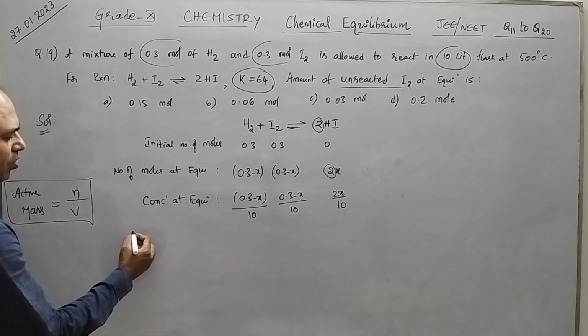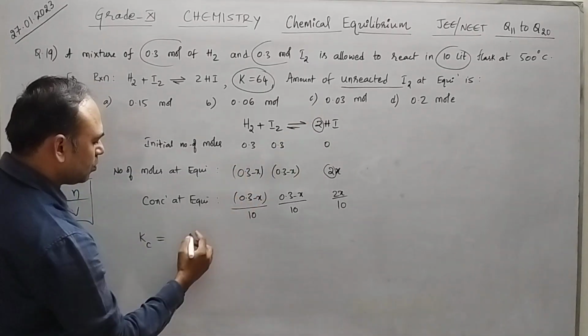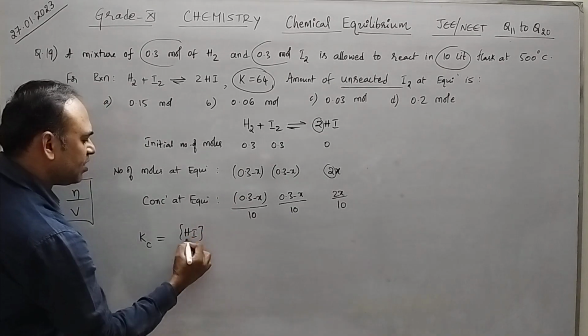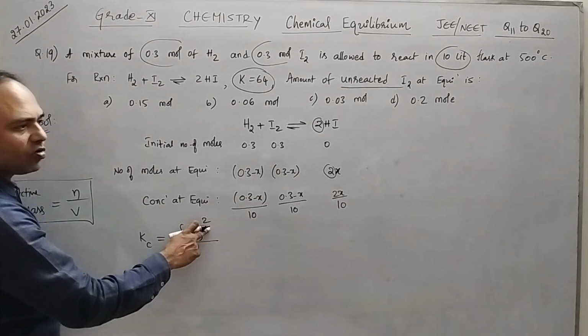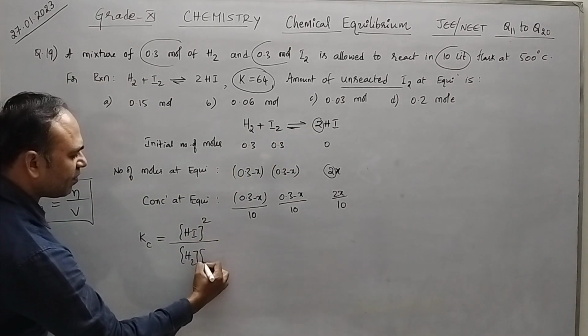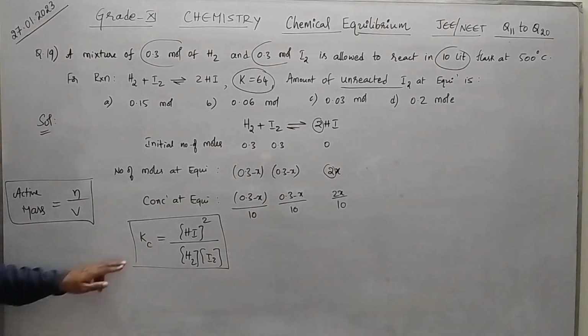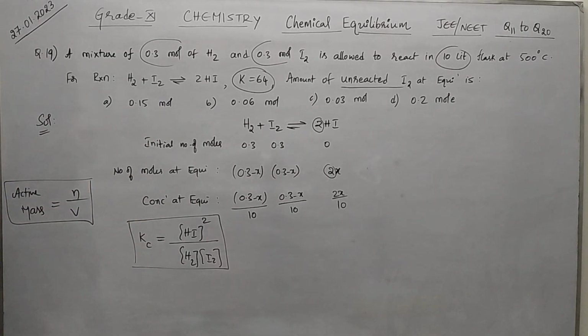Next, what will be the formula for Kc? Kc is equal to the concentration of the products to the power of their coefficients divided by the concentration of reactants. We are familiar with this. And here they gave the Kc value as 64. So let us substitute that.